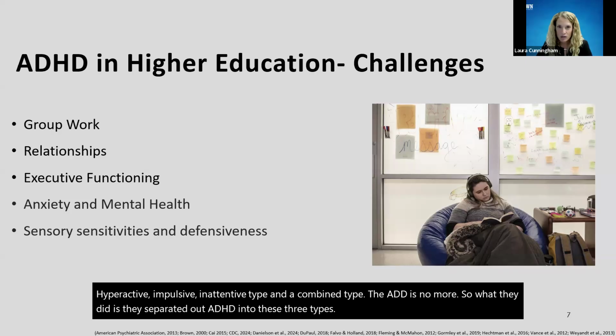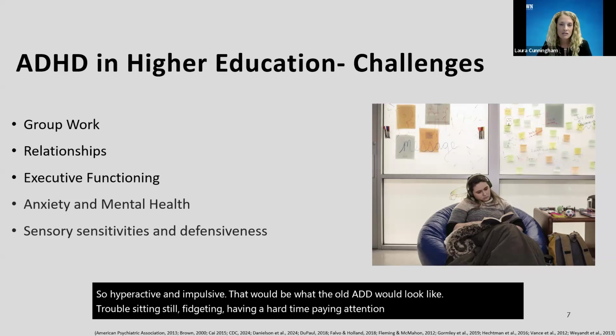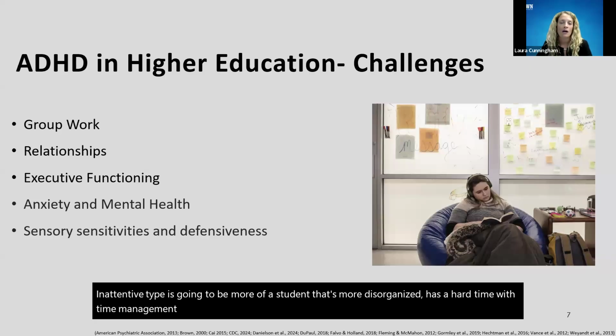So hyperactive and impulsive, that would be what the old ADD would look like. Trouble sitting still, fidgeting, having a hard time with paying attention, those types of pieces. Inattentive type is going to be more of a student that's more disorganized, has a hard time with time management, prioritization, attention, and motivation. Those pieces are all going to come into play as well.